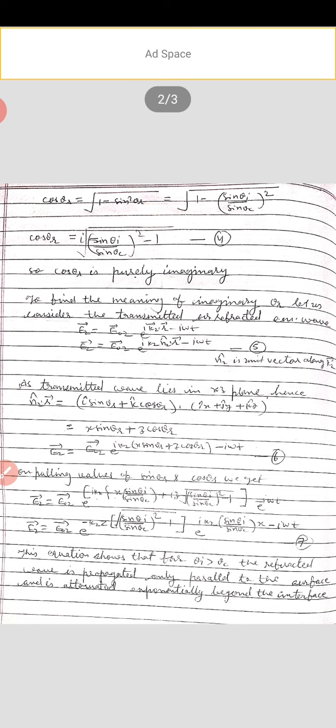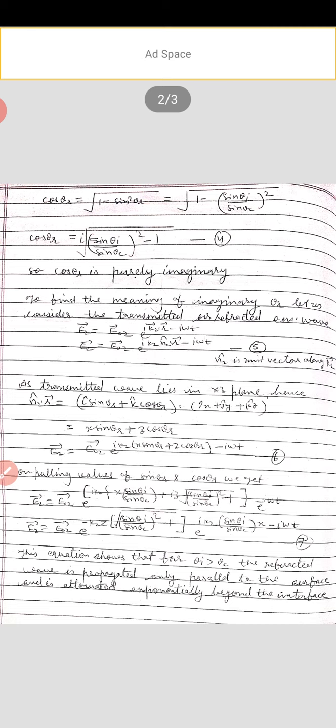Now as the transmitted wave lies in the xz plane, we can write n2 cap dot r is equal to (i cap sin theta r plus k cap cos theta r) dot (i cap x plus j cap y plus k cap z), and finally we get x sin theta r plus z cos theta r.